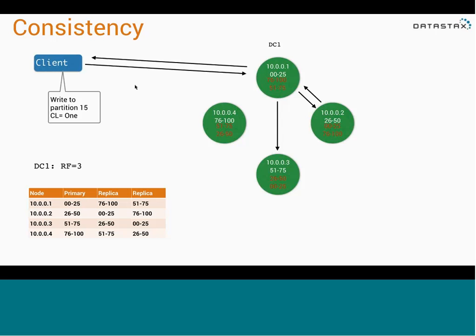So think about the type of data, usually the common concept is log data. I'm writing log data, I just want to make sure it's in there. I don't really need consistency to be very high because I'm just throwing it into the database as fast as possible. And consistency in this case is not my concern, it's just that it is written to the database.